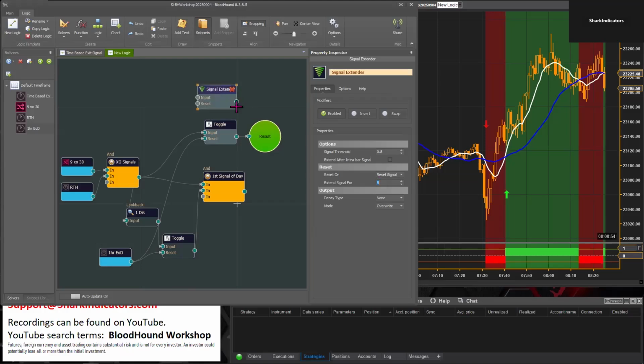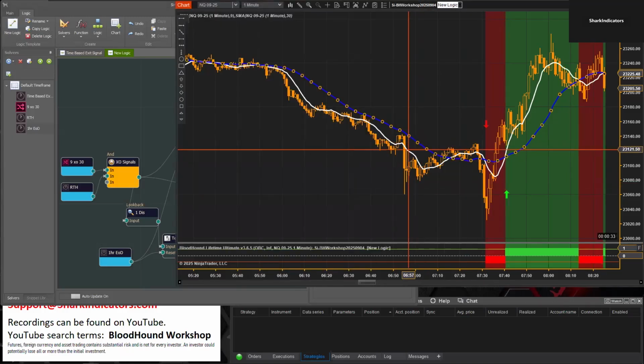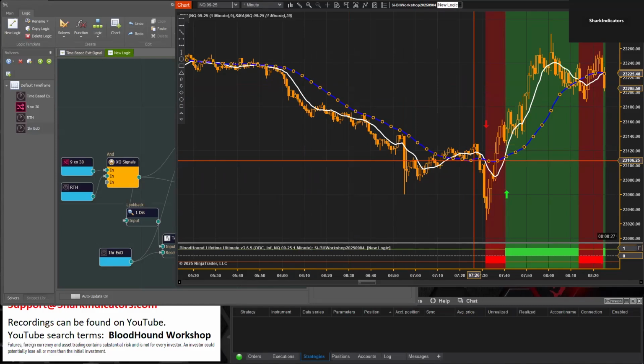So the signal extender is good for when you're trying to connect conditions together, but condition A only has a limited lifespan before condition B needs to appear, right? Otherwise, all your indicator conditions kind of fail if condition A is too far away from condition B, right?